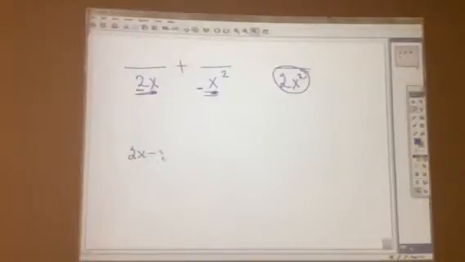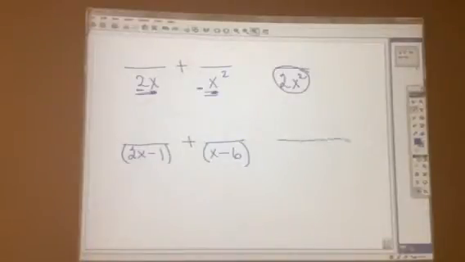Let's look at this example. 2x minus 1. Now these are just denominators. We're practicing on just finding common denominators. We're not worried about anything else right now. Well, this is 2x minus 1, which all goes together, and this is x minus 6, and it all goes together. So I can't really separate those two.